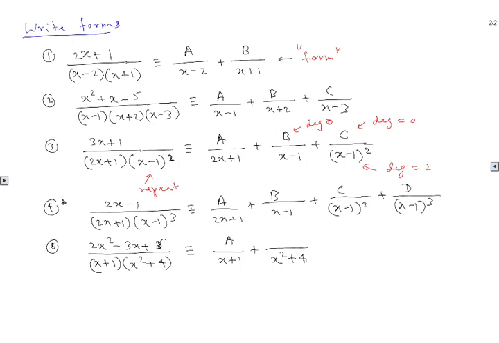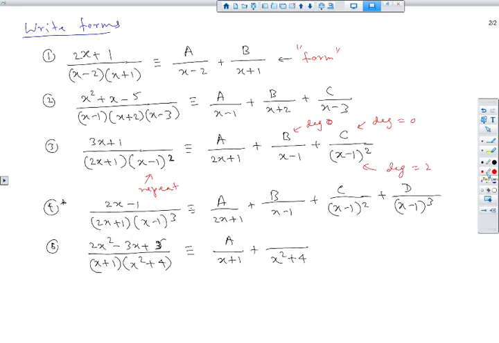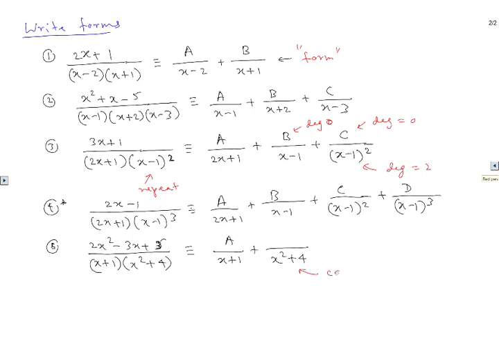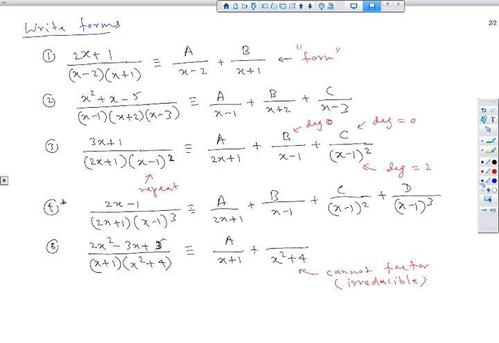You cannot factor this. That's what we call irreducible. If it is irreducible, there's nothing you can do. So what we can do is write the numerator with degree 1 less than the degree of the denominator.